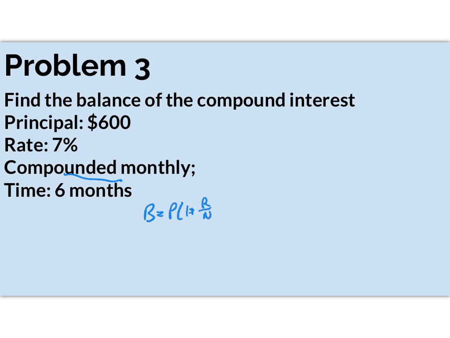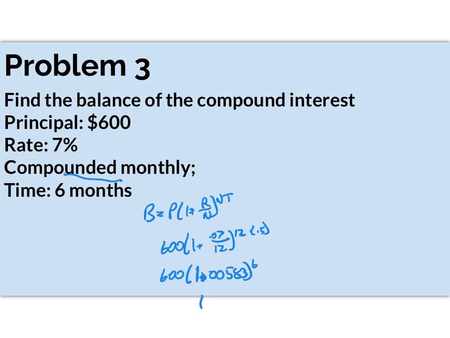B equals the principal times 1 plus R over N to the N times T. So 600 times 1 plus R, our rate is 0.07, compounded monthly, that's 12 times, 12 times the 6 months, again 0.5, and we get 600 times 1 plus 0.00583, to the 6th power.